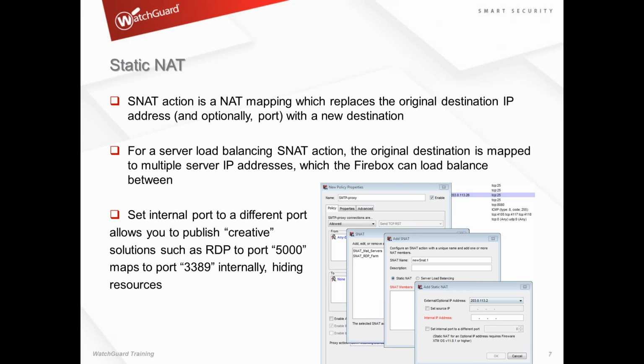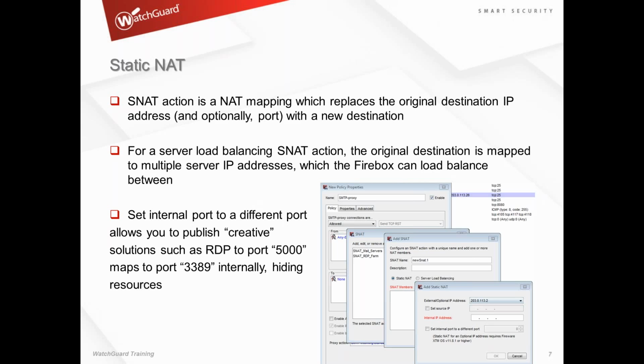With WatchGuard, we can create a static NAT entry within a matter of about three clicks, see all those policies in one location, and manage or create policies for that. We'll cover how that works as well. You can also set an internal port to a different port as port forwarding. That allows you to publish some creative solutions as I have there.